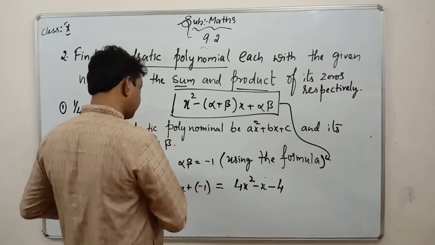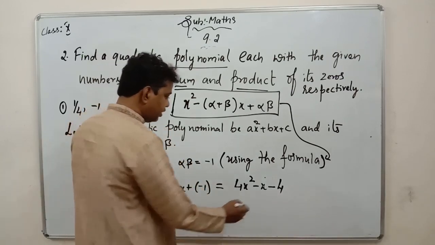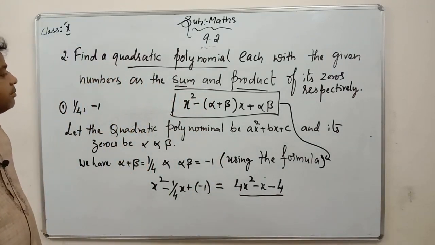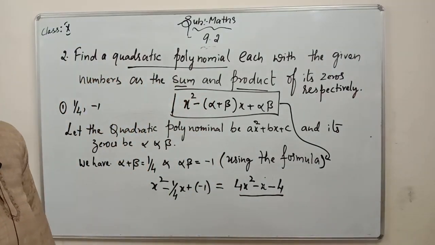So we get 4x square minus x minus 4. This is the required quadratic polynomial by using the formula. Okay, copy the formula.